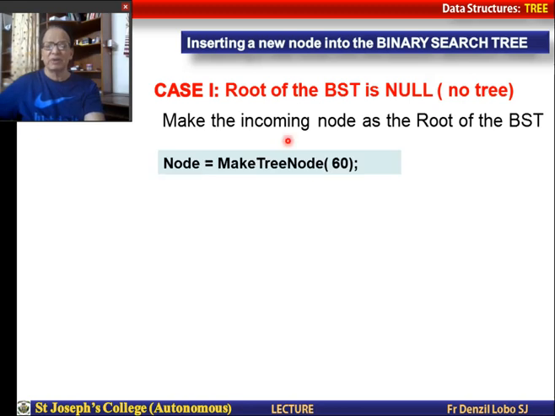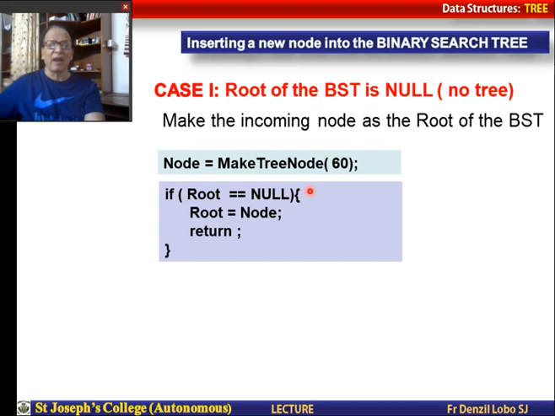For example, I use this function which I've written earlier, make tree node of 60. Then what happens? If root is equal to null, that means there is no tree, then I assign this node to root. This node contains the address of the node containing 60. So I'm assigning that address to root, and therefore this becomes the root of my binary search tree, and I return.